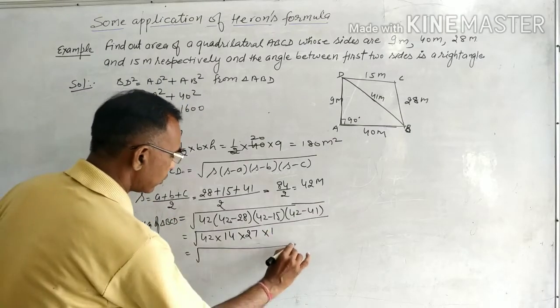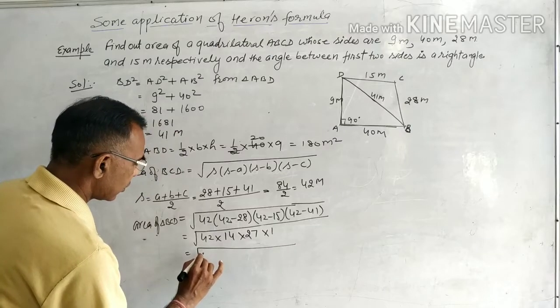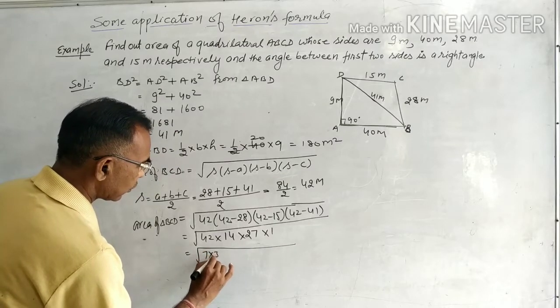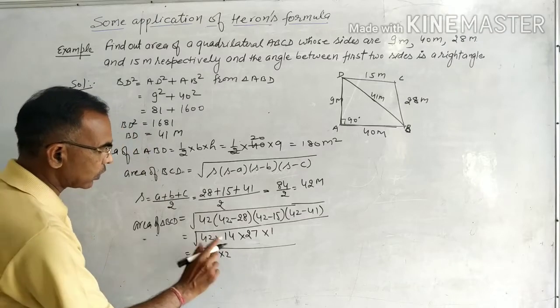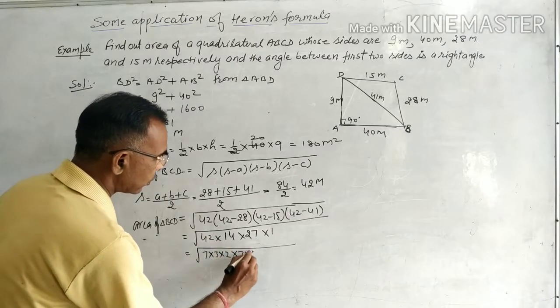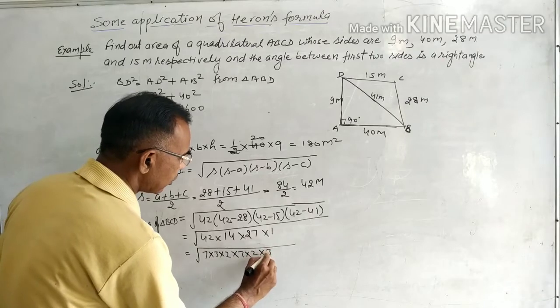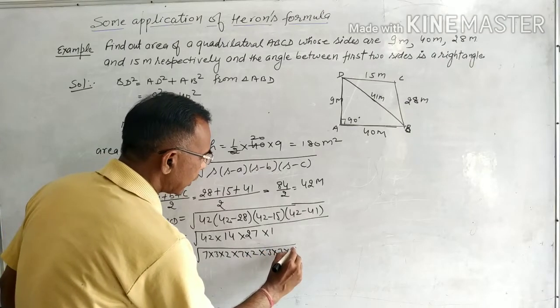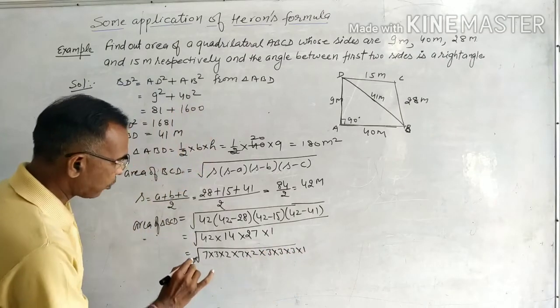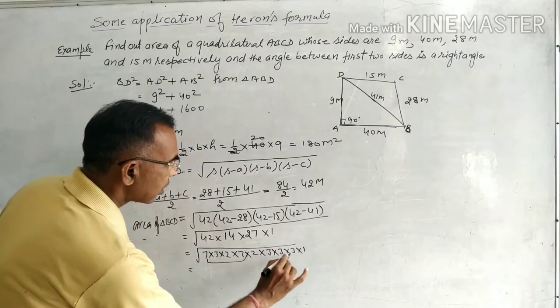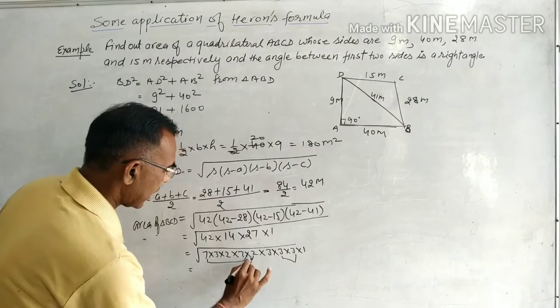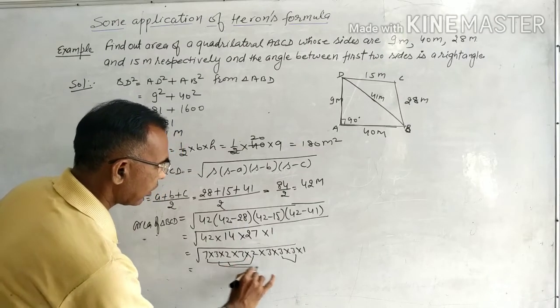Factors of 42: 7 into 3 into 2. 14: 7 into 2. 27: 3 into 3 into 3, and 1. Now pair them. A pair of 7, a pair of 2, and a pair of 3.